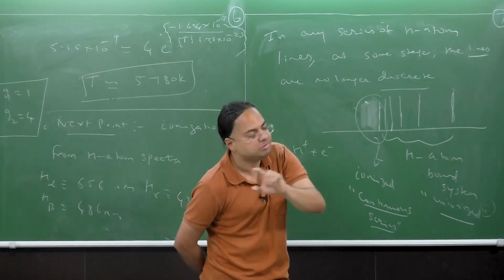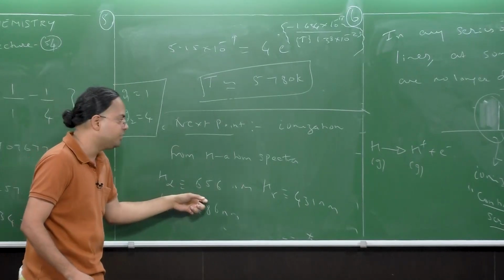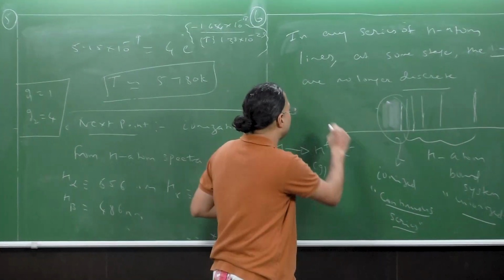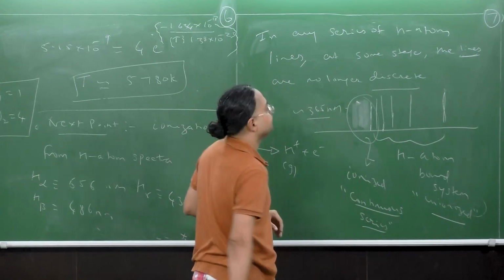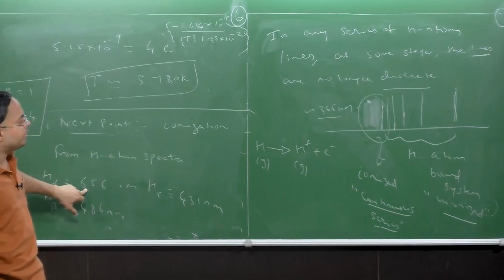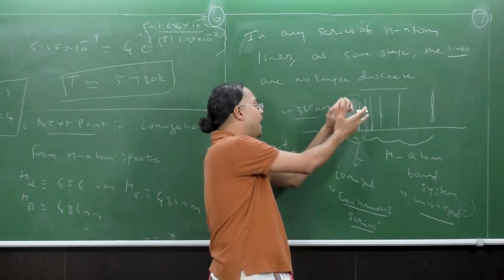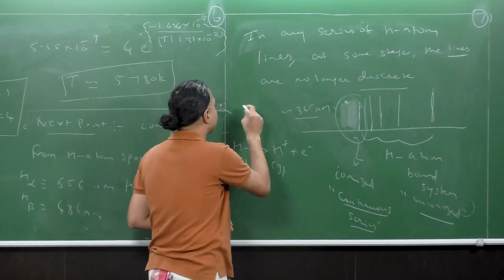For the Balmer series itself, you start off with the H alpha line at 656 nanometers, and this continuum appears around 365 nanometers. So you understand that at this particular wavelength, ionization happens. This is for the Balmer series.